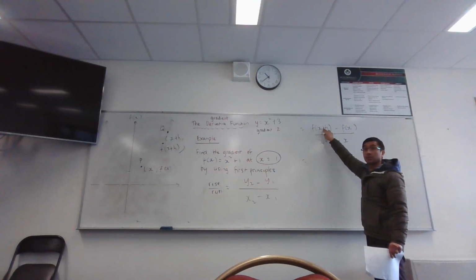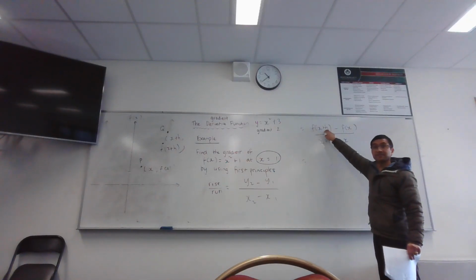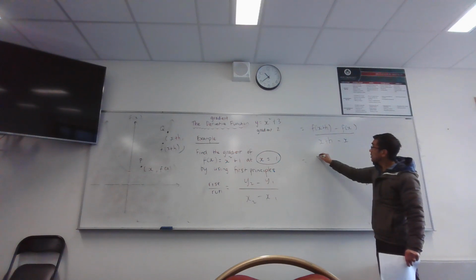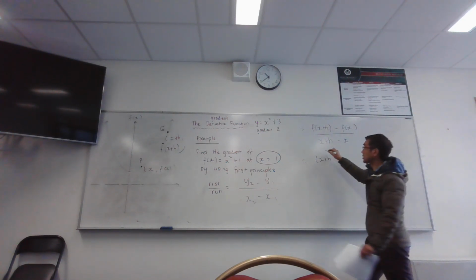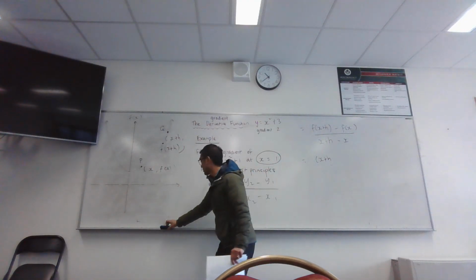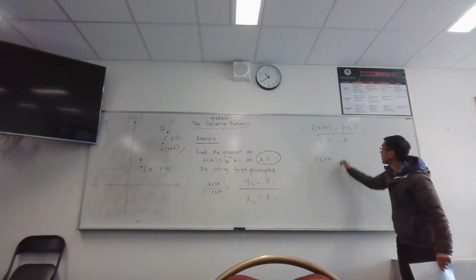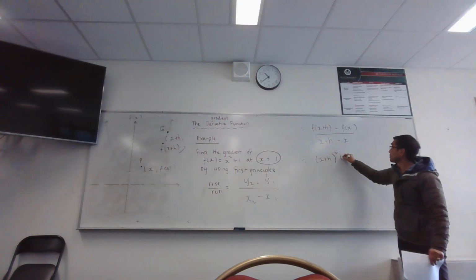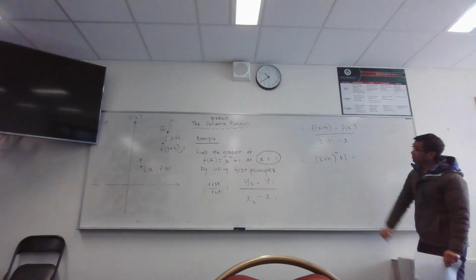Now let's sub this into our equation. So, f(x plus h). What does this change into? Plus 1. I'm going to take away this, just not to distract us. I'll rewrite it. X plus h squared plus 1. What does this become?